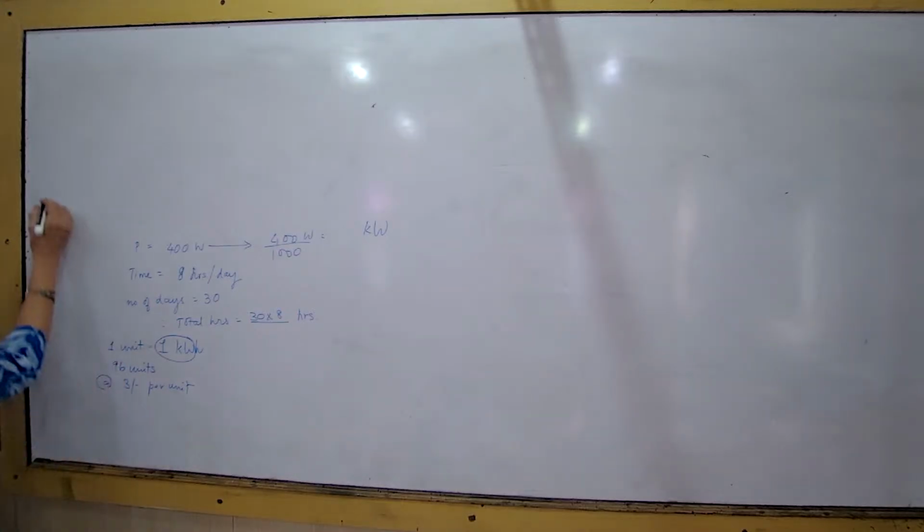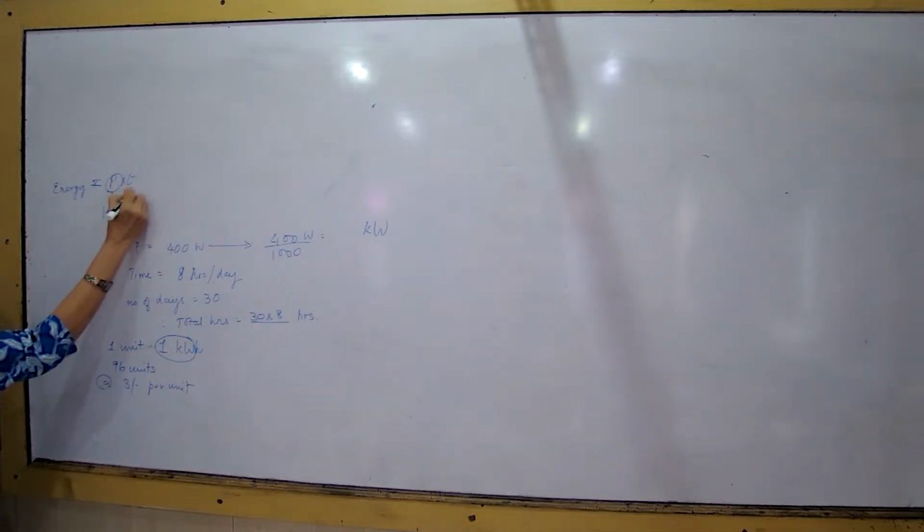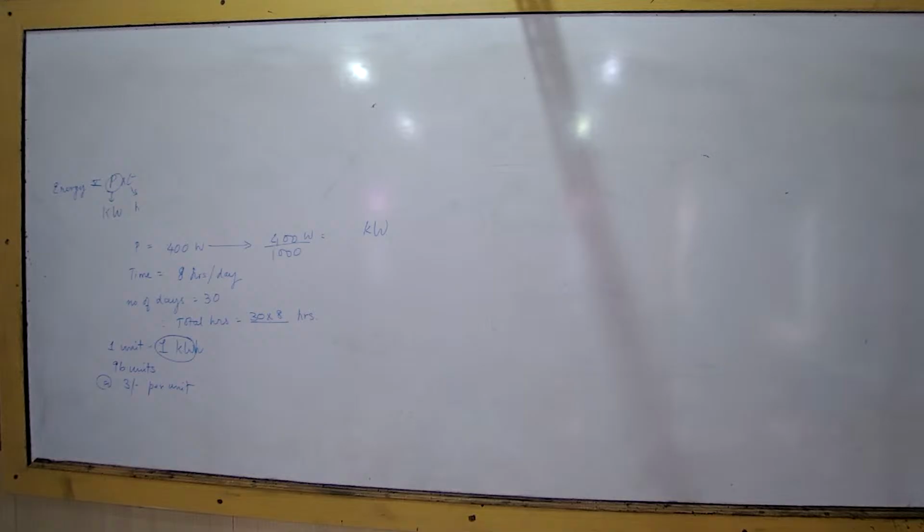The next part is energy, which you are going to find out, which is P times T. If you are converting power into kilowatt, time should be in hours.